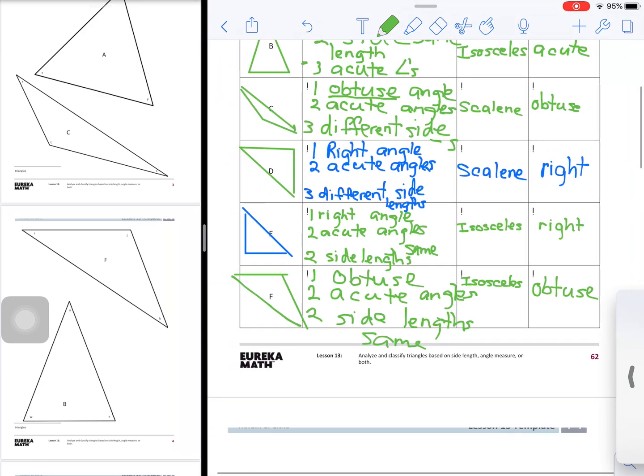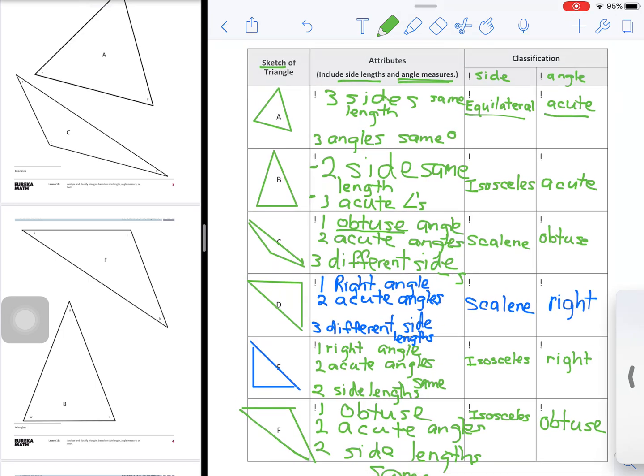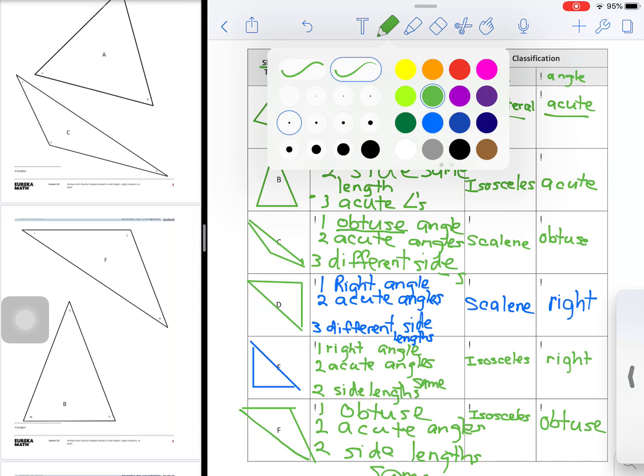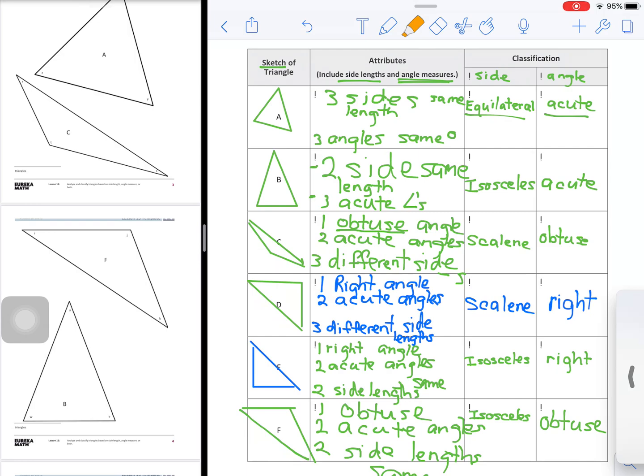Okay, so your triangles are either going to be equilateral and acute, or they're going to be isosceles and acute, or they can be scalene and acute. We did not have one of those here today. Or they can have different side lengths, all different size, and be scalene.